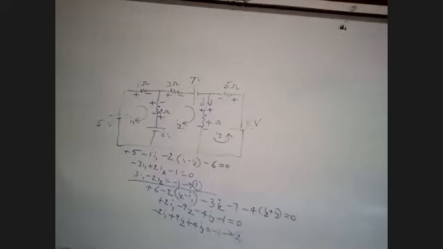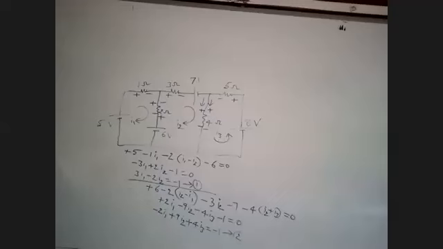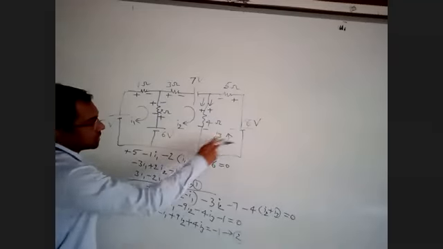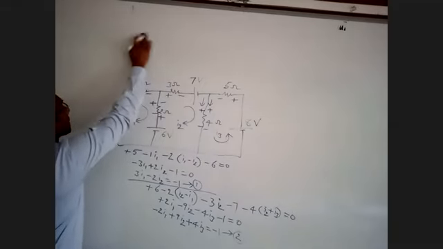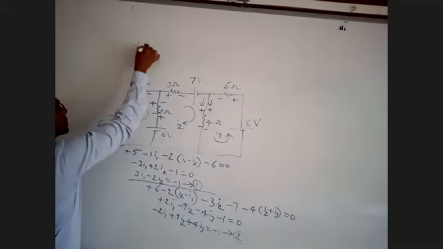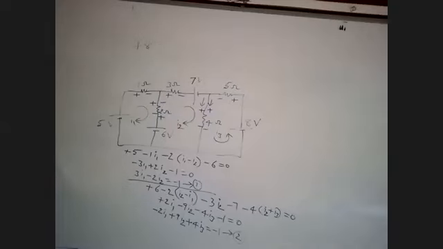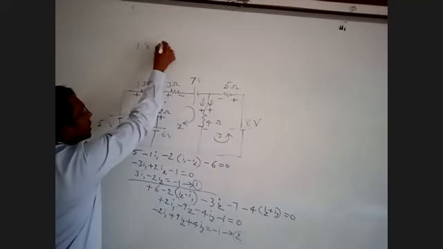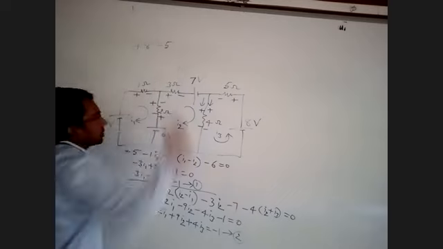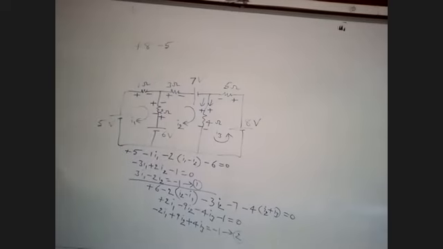Now I'll write the third equation. I3 is going from minus to plus 8, plus 8 volts. I3 is going from plus to minus 5. What is the current in 5 ohms?